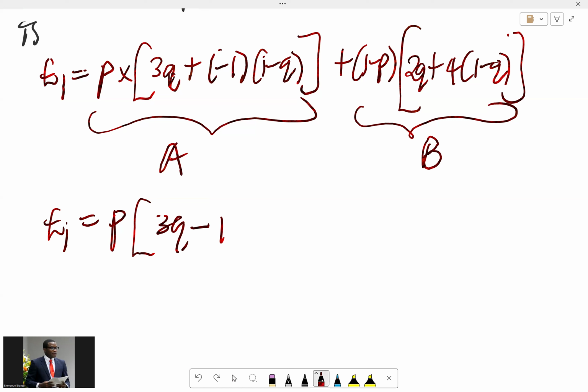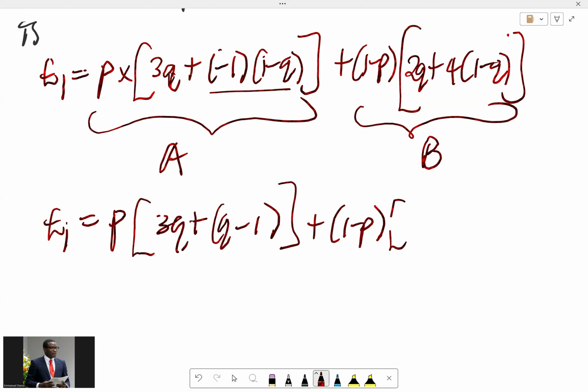Okay, let me be careful because minus can easily confuse us. This is 3Q, so minus 1 times (1 minus Q). The minus 1 can just go inside and change it over, so it becomes Q minus 1, plus (1 minus P) into 2Q, and this is just straightforward, 4 into (1 minus Q).